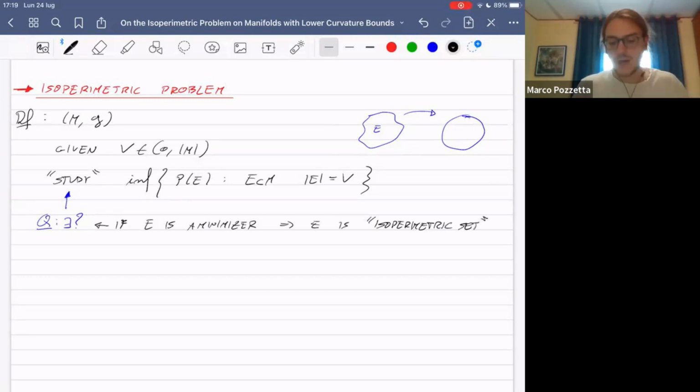So this is the first question you may ask. Is it possible to prove existence for a given volume, for any volume, small or large? And after that, you may have many more questions.